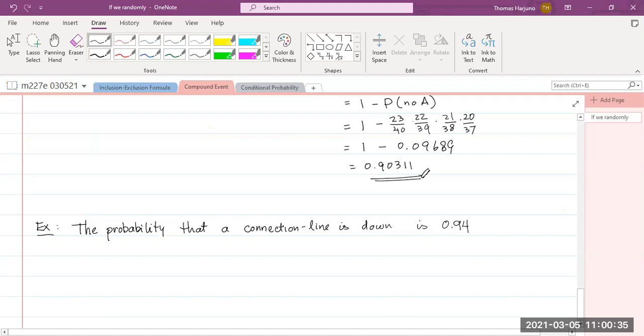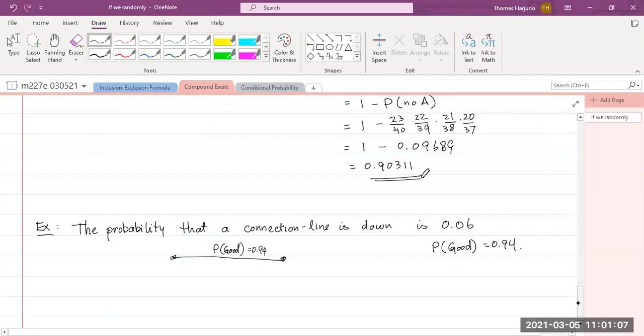Oh, that's a high probability to be down. Let's change it, 0.06. So in other words, the probability that the connection is good if you have only one line is 0.94. Okay, so connection from one point to another point, the probability that it is working is 0.94.